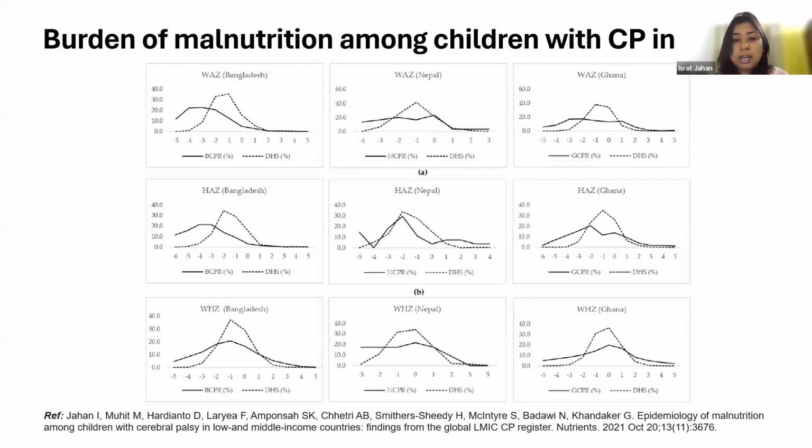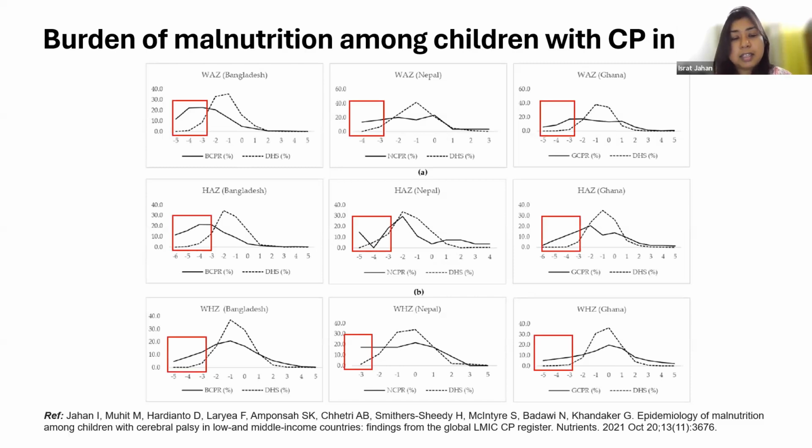Now, if you look at this chart, these dotted lines are from DHS, Demographic and Health Survey. So these are the national data. And then these black lines are for children with cerebral palsy registered into those country-specific CP registers. And you can see that the difference in the severe malnutrition rate, -3 to -5Z, is quite high for children with CP in all those countries.